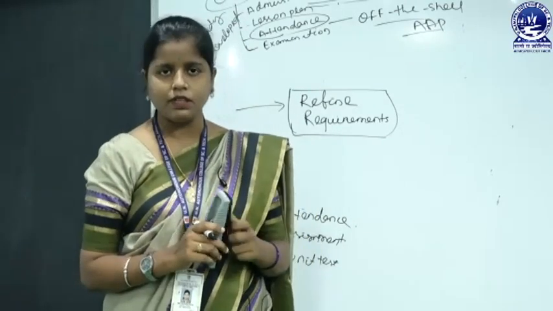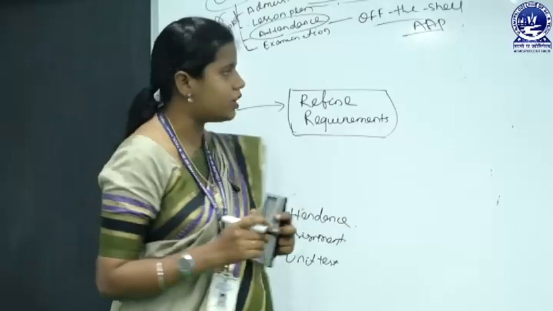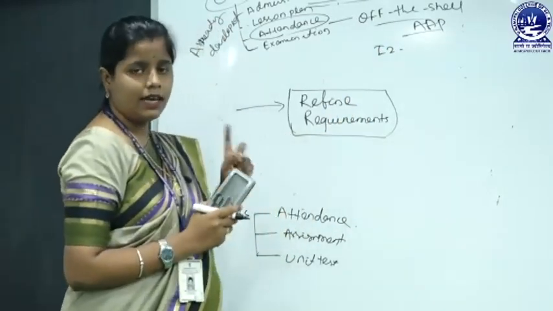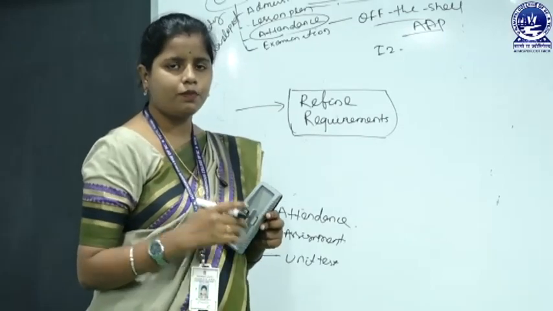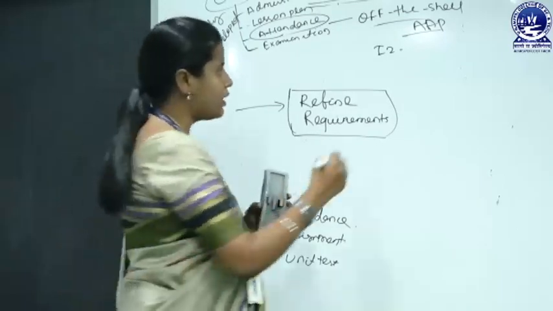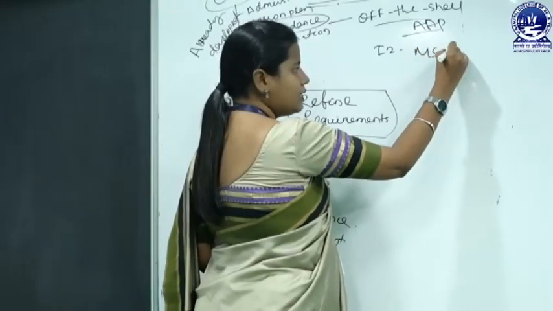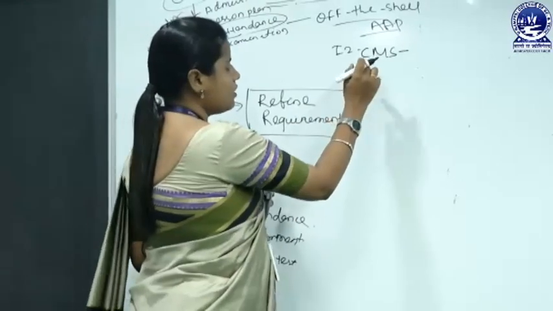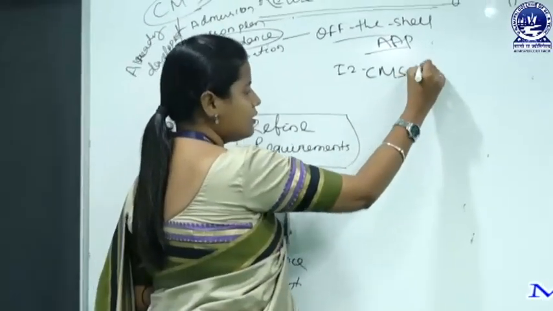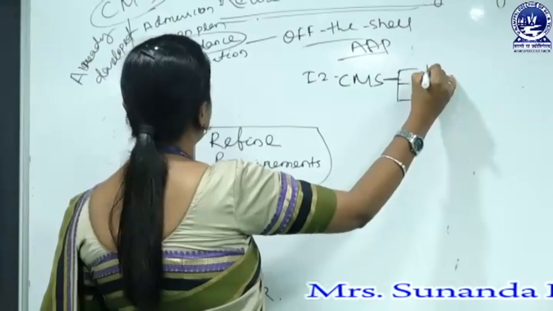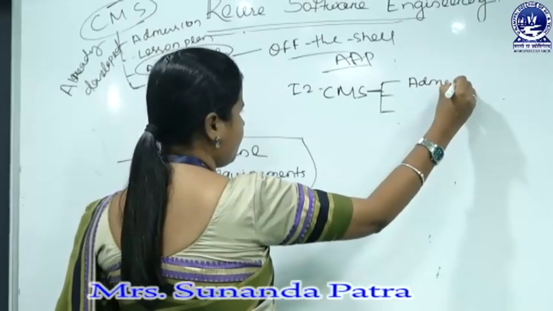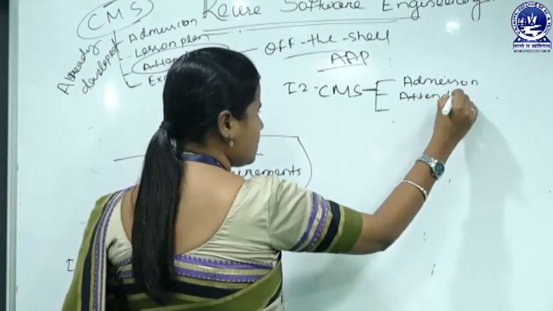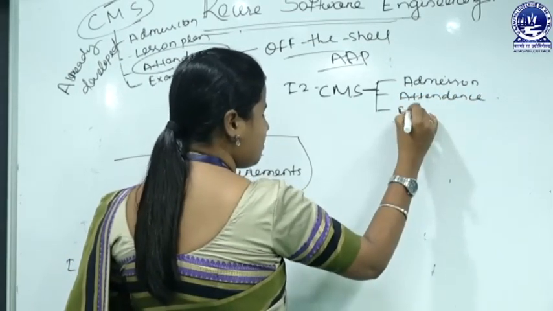Suppose take an example, there is a second institution, that is suppose I2, and that I2 is requiring management software, suppose a class management software. The class management software, and the functionalities may be suppose admission, attendance, only this much, and suppose examination.